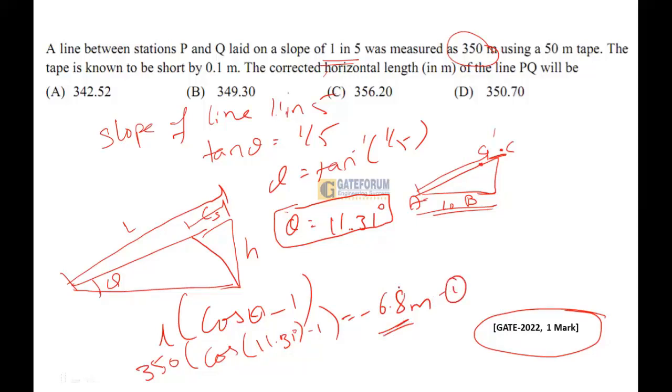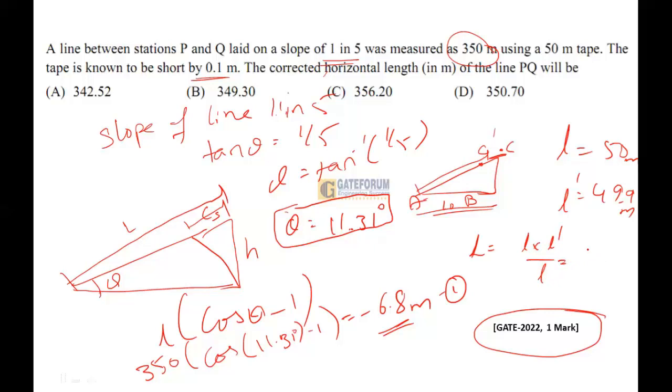Next, the nominal length of the tape is 50 meters, but there is a short length of 0.1 meter in the tape. So this is L, and I also have L dash. L dash is equal to 49.9 meters because it is 0.1 meters short. Now, if you want to find the true length, L is equal to the measured length into incorrect chain length by correct chain length.